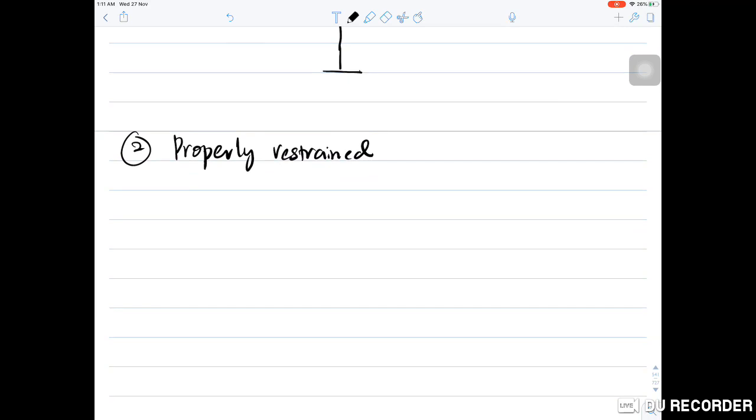For example, like this. This is the frame. This is unsymmetrical, subjected to loading. Properly restrained means we have a support that brings a horizontal reaction R. R is actually the restraining force.